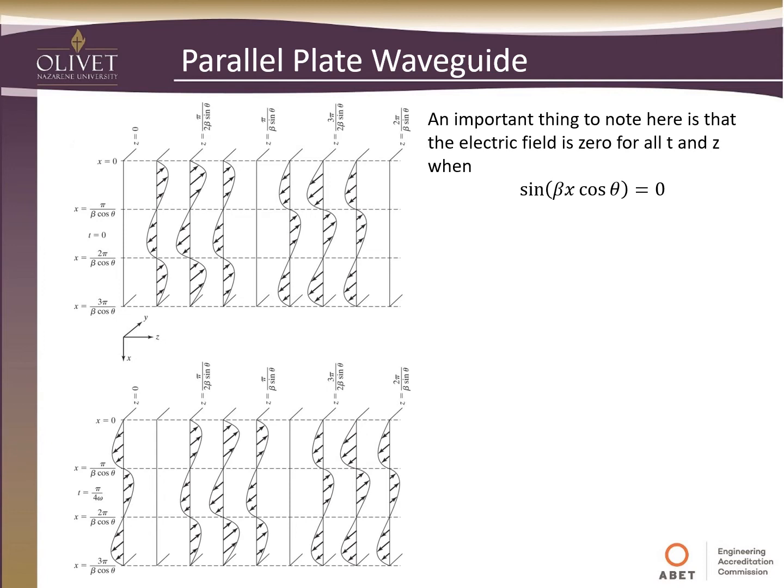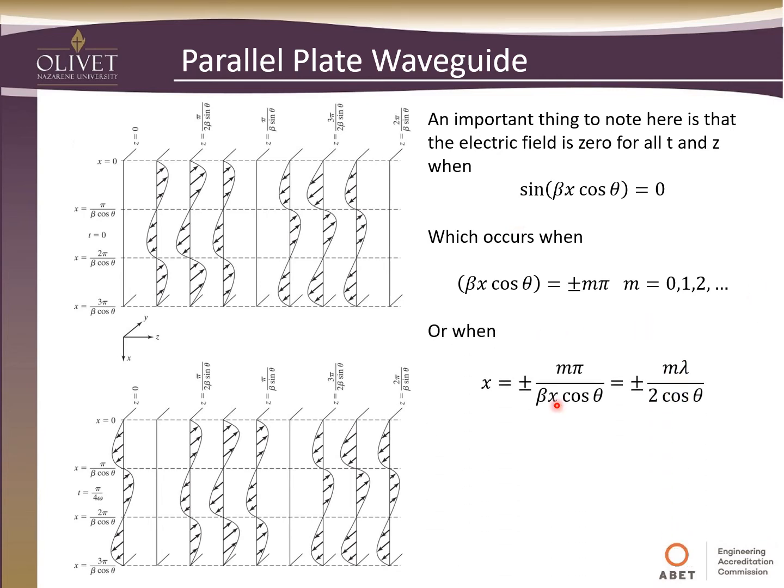An important thing to note here, looking back at this graph, is that the electric field is 0 for all t and z when sine of beta x cosine theta is equal to 0. Well, this occurs when beta x cosine theta is some whole number multiple of pi, where we can just let m equal 0, 1, 2, on forever, just integers.